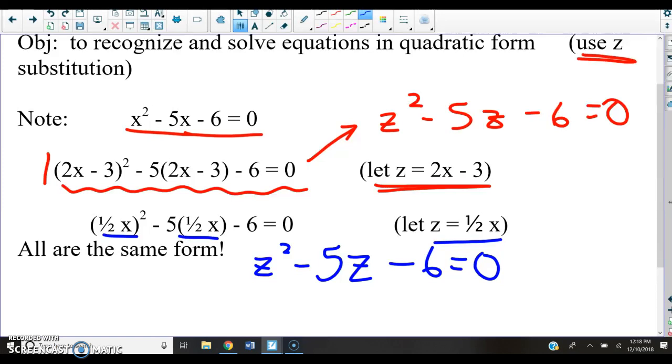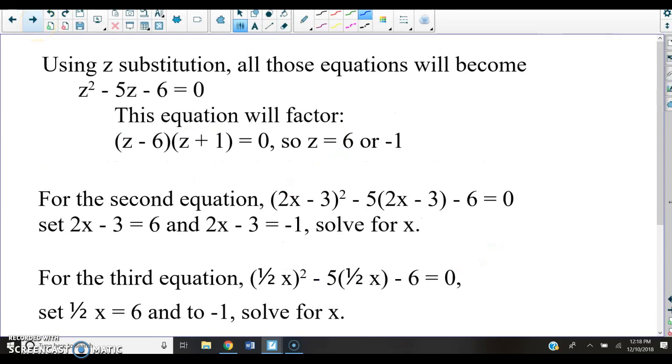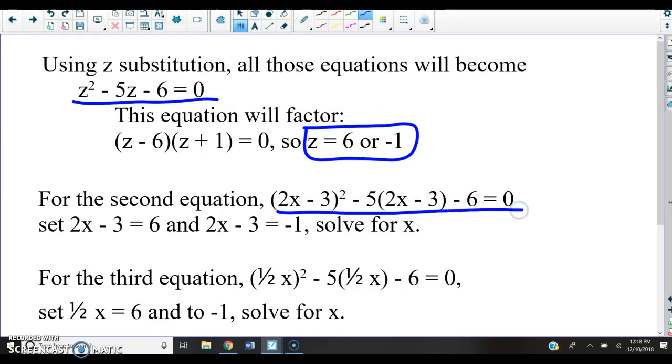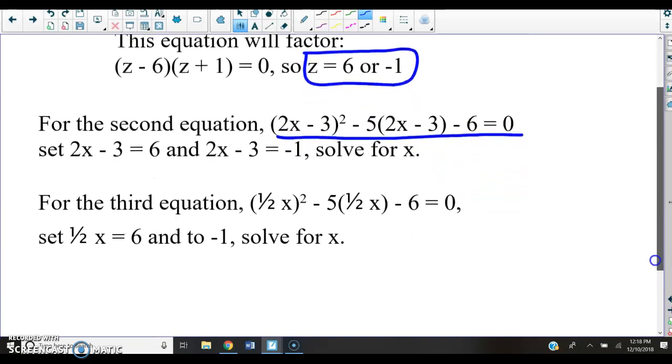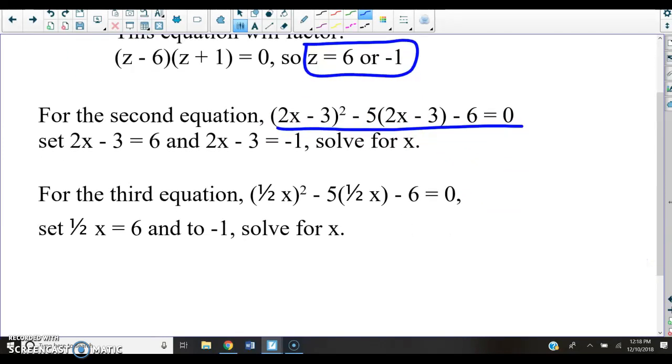Okay? Well, to solve these, we would rewrite them, and it would factor into z minus 6 and z plus 1. So z is either 6 or negative 1. Now, here's the one from the previous page. Z was holding the place of 2x minus 3. So instead of z equals 6, we're putting 2x minus 3 equals 6.